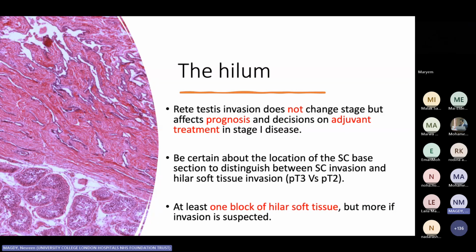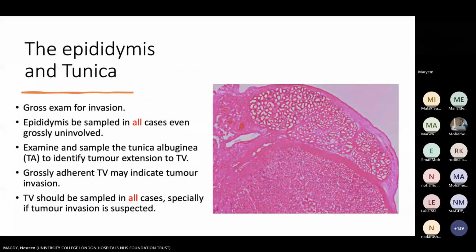So make sure that you know where exactly you took your section, because this may affect the staging if there is tumor invasion, because hilar soft tissue invasion is stage 2 and direct spermatic cord invasion is staged as stage 3.